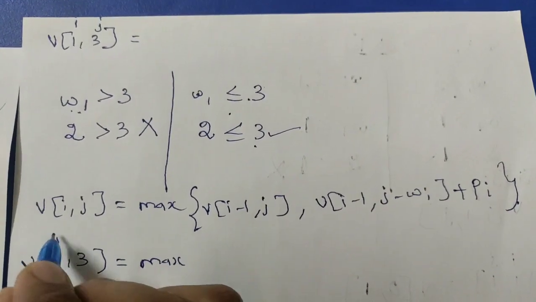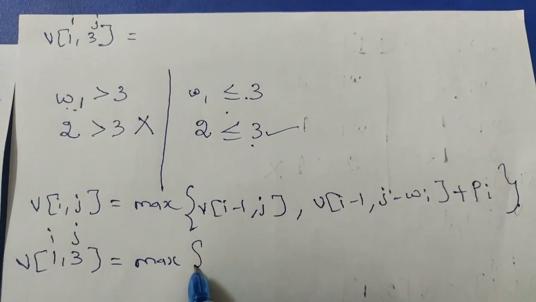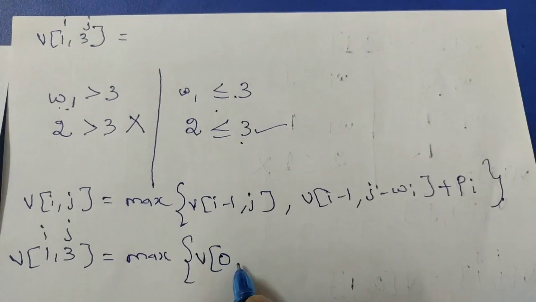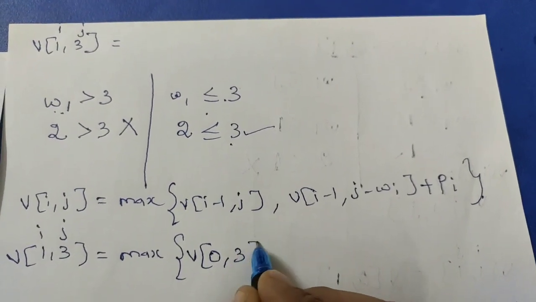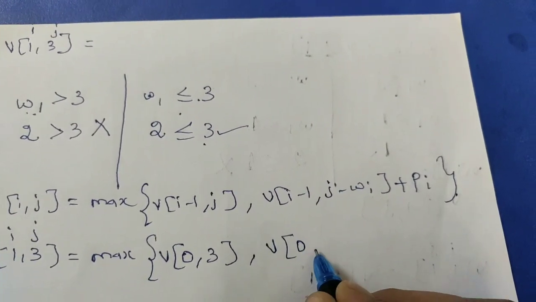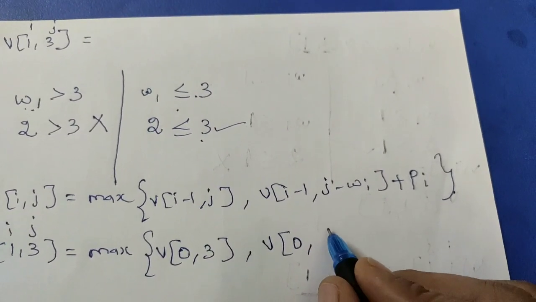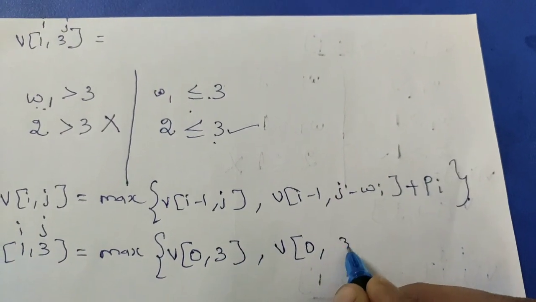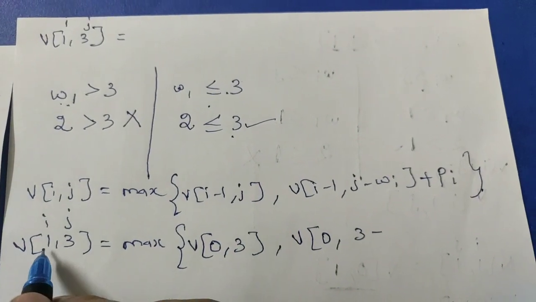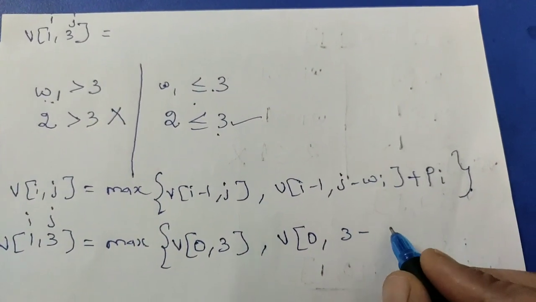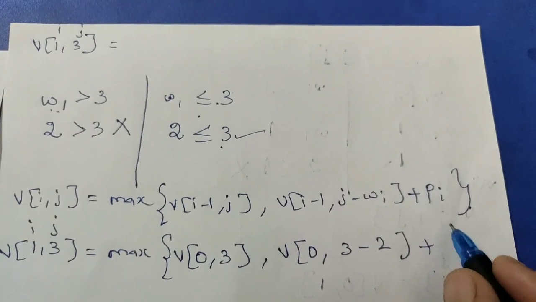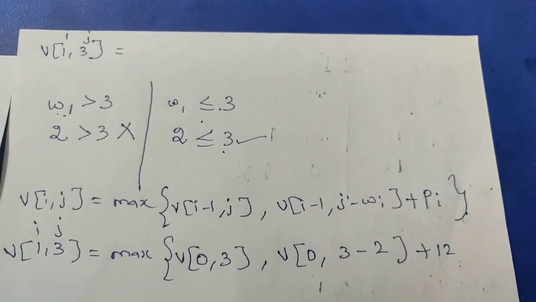I value is 1, j value is 3. V of i minus 1 means 1 minus 1, it is 0, comma j is 3. Then V of 0 comma 3 minus the weight of the first item, which I am processing. So the weight of item 1 is 2, plus the profit of item 1, which is 12.